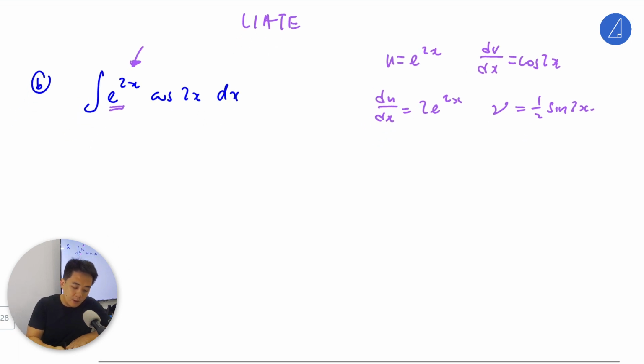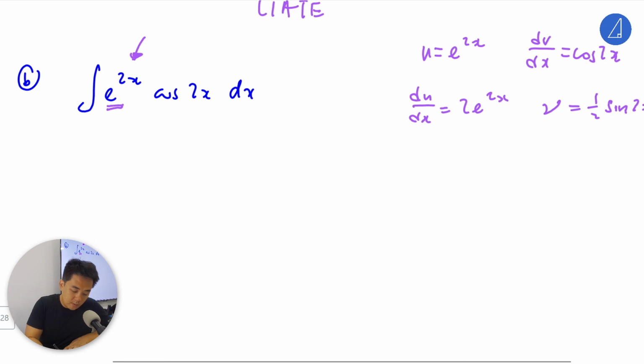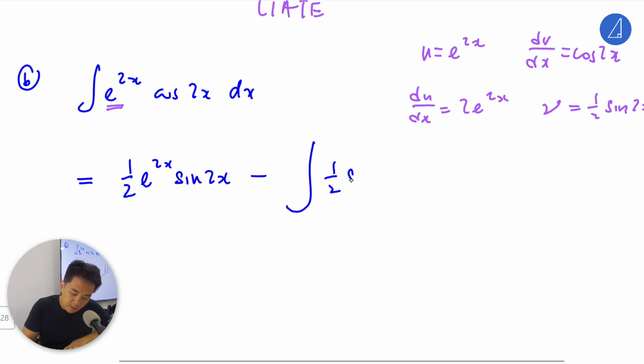Okay? So then you just do this by parts: uv minus v du/dx.